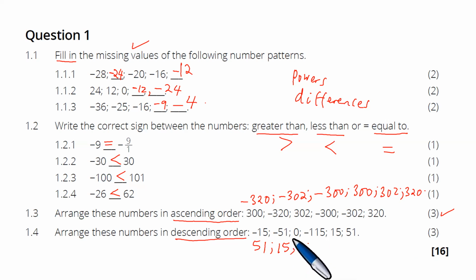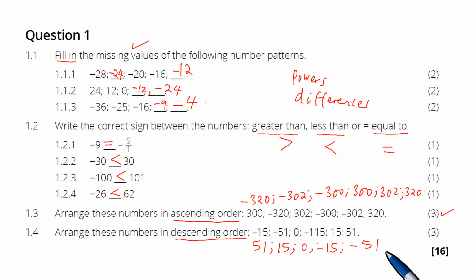After 15, the one that follows is 0. After 0, the one that follows is minus 15. After minus 15, the number that follows is minus 51. After minus 51, what follows?